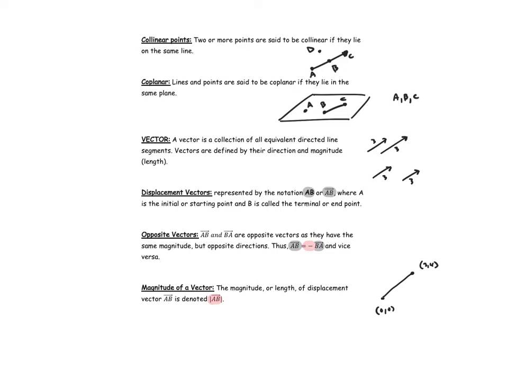Well, how could I find the magnitude of that vector? Let's call this vector CD. Okay, so there's CD. For the magnitude of that vector, and we're going to look at this in a future lesson, I could utilize the Pythagorean theorem. So I'd use a 3 and a 4, which clearly would give me the magnitude, which would be a 5.